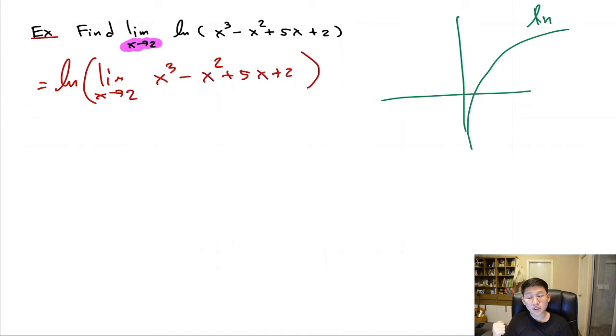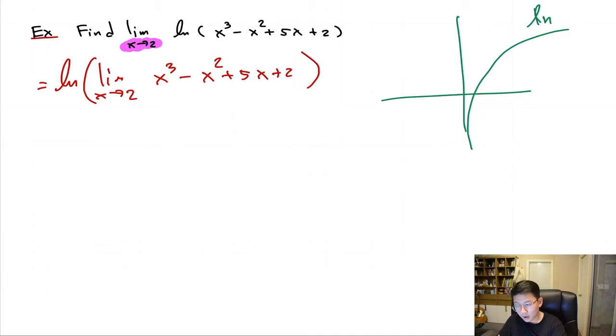So if log is continuous, you can swap between the limit and the log. Basically it means you can put the limit inside the log, and your life is going to be much easier. Why?